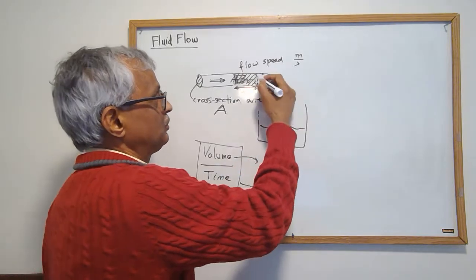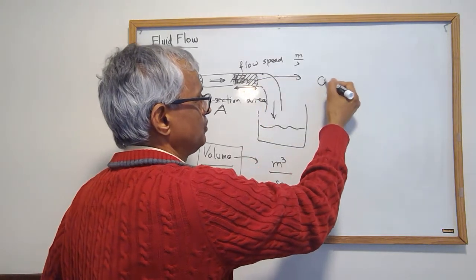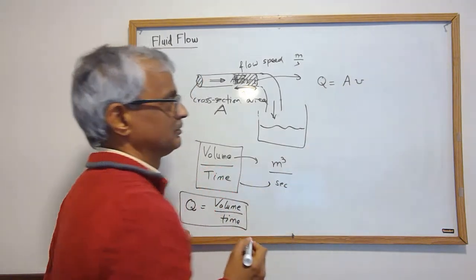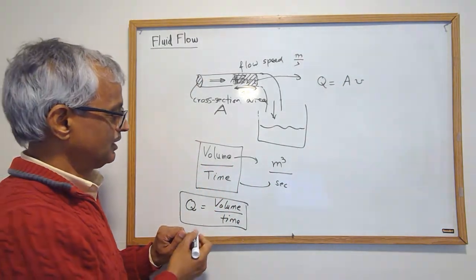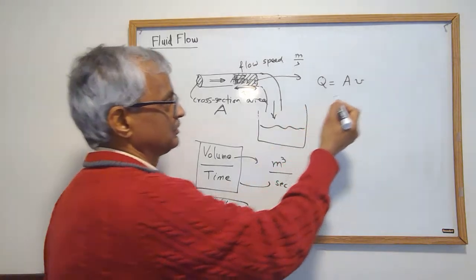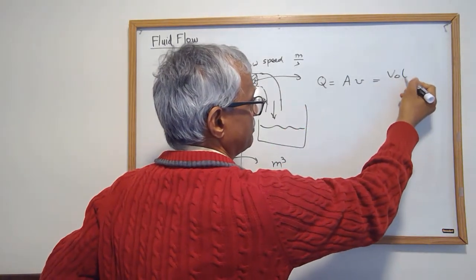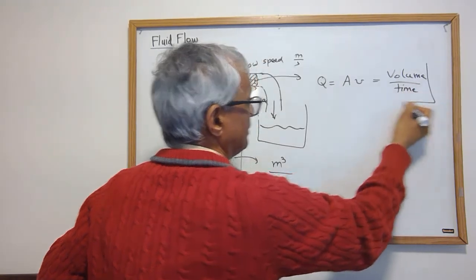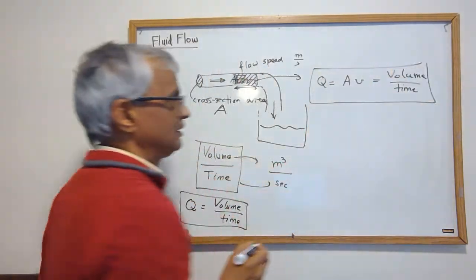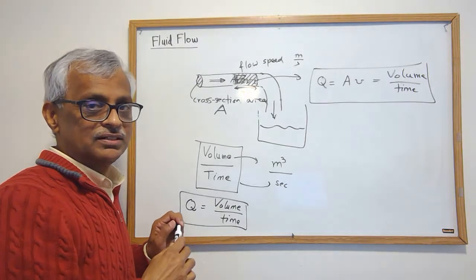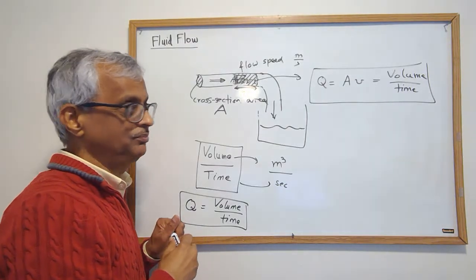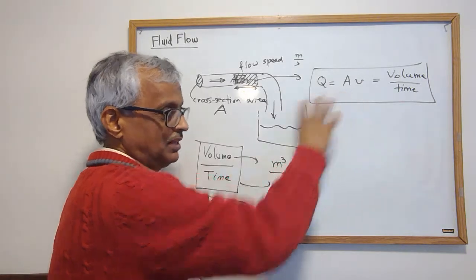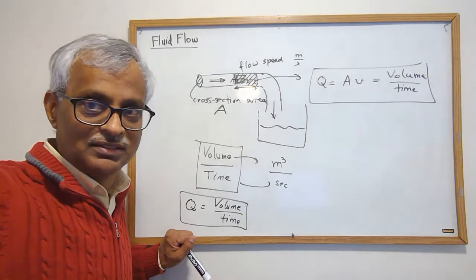So another way to say it is Q should equal A times V. This is the same thing as volume per unit time. This is a very important result for us, and there are many uses of this in just a second.